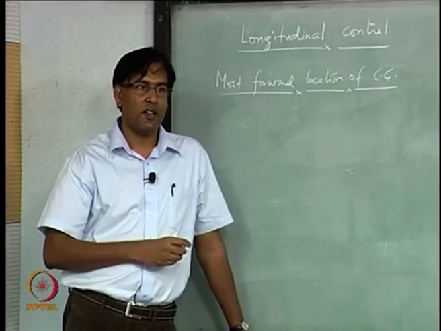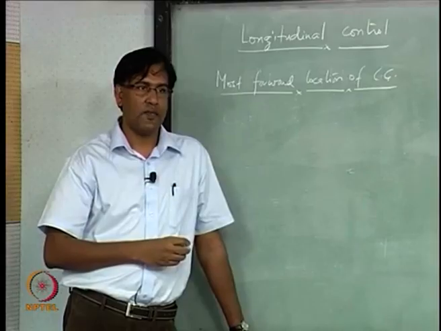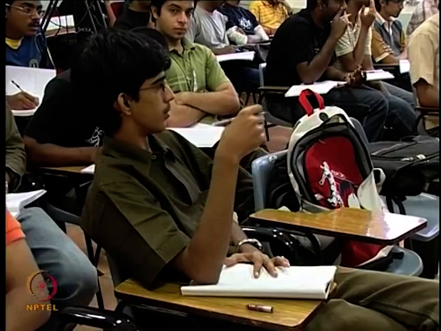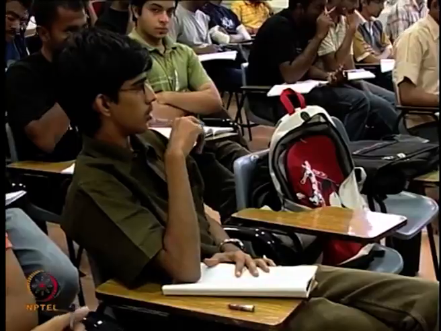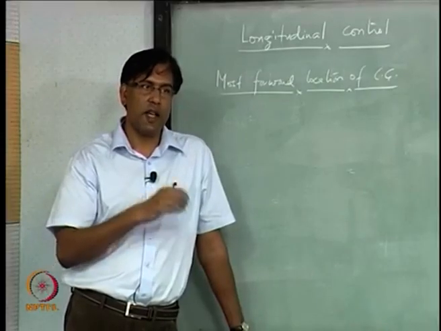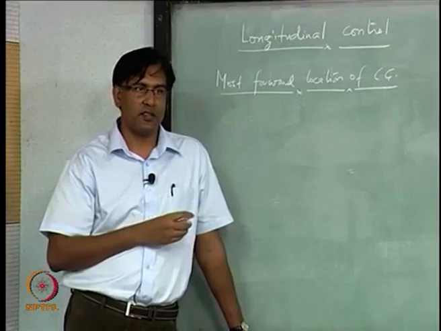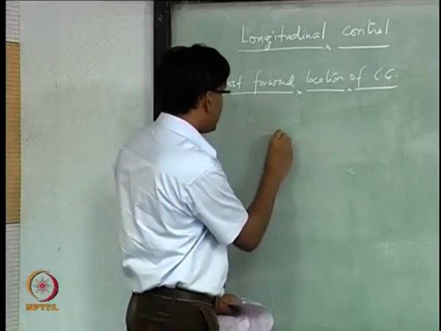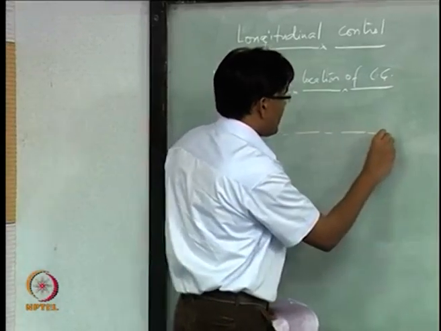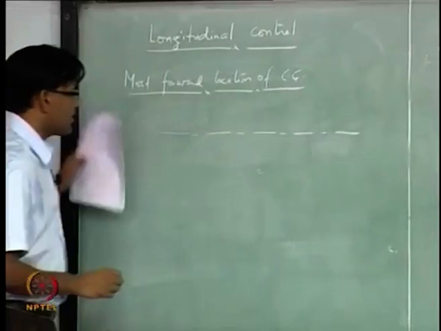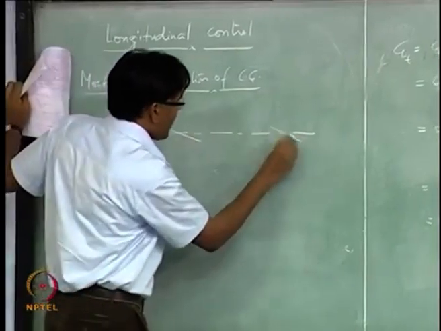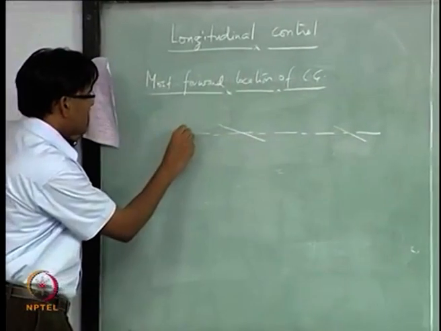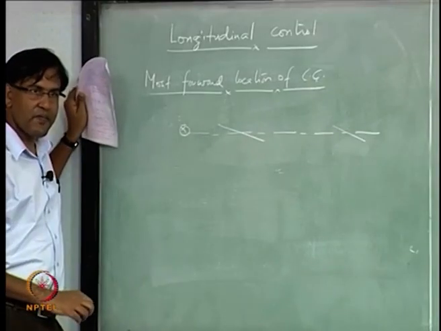We should balance the moment from the wing to the moment from the tail. That is for maintaining the trim, right. CM equal to CM CG equal to 0.